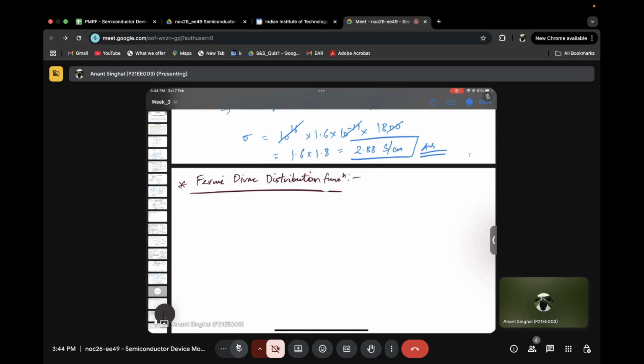Anyone want to take a guess? Okay, let me give you the expression that maybe you might remember. It's nothing but 1 over 1 plus exponential of (E minus EF) over kT. Does anyone know what this f(E) is?